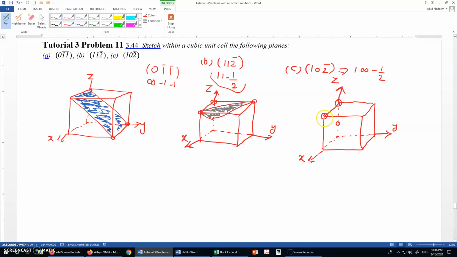So we can join these points, and this plane will be parallel to the y-axis. Since it is parallel to the y-axis, maybe we can draw a line parallel to this y-axis to represent that this plane is parallel to the y-axis.